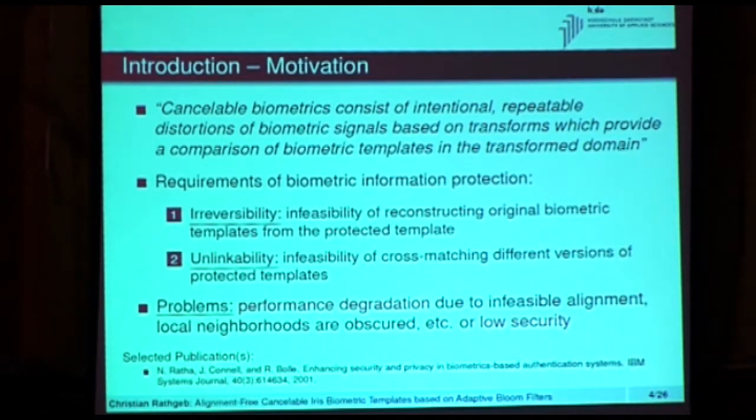Based on existing literature, we know that technologies of cancelable biometrics mostly suffer from a significant decrease in biometric performance, which is mostly caused by the fact that transformed templates cannot be aligned properly and local neighborhoods of features are obscured.